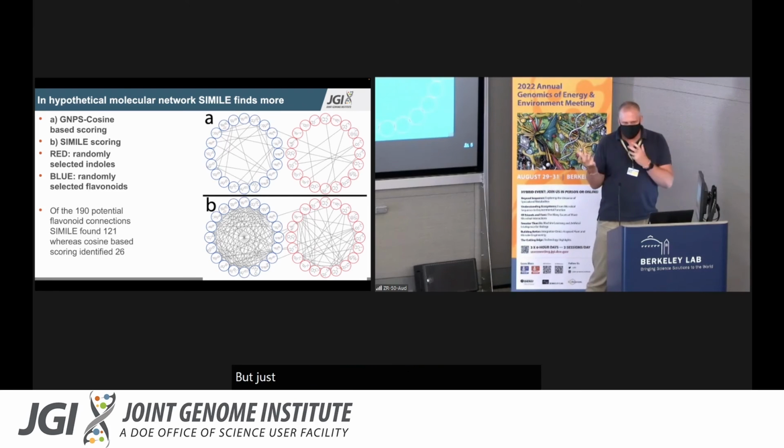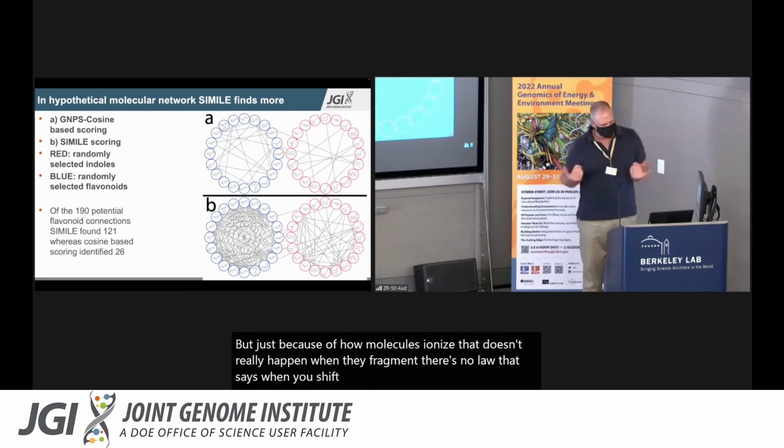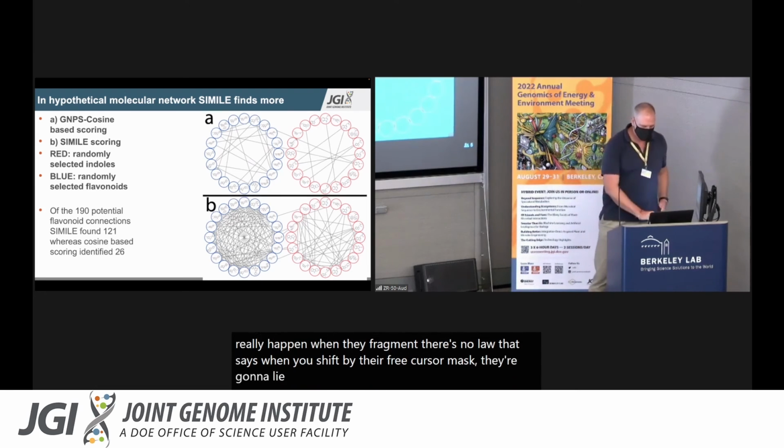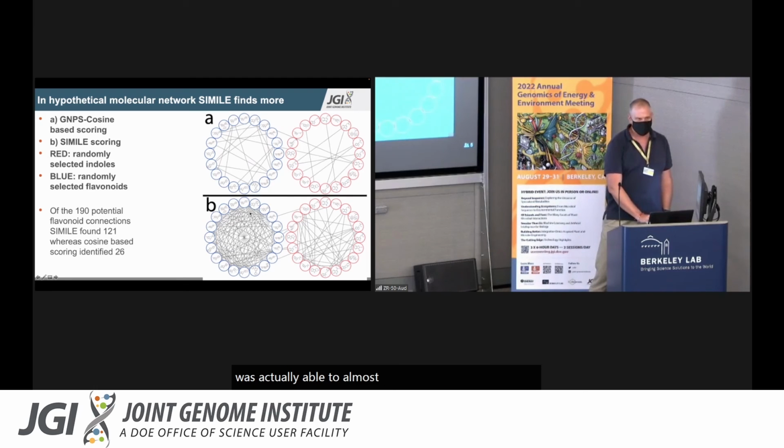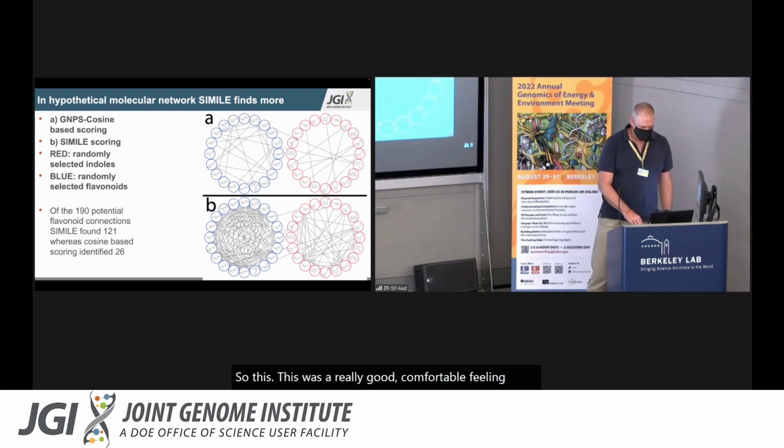But just because of how molecules ionize, that doesn't really happen. When they fragment, there's no law that says when you shift by their precursor mass, they're going to line up. But SIMILE was actually able to almost perfectly do this for the flavonoid case. So finding all the flavonoids connected to all the flavonoids, and it was able to find most of the indoles connected to most of the indoles. So this was a really good, comfortable feeling from that.